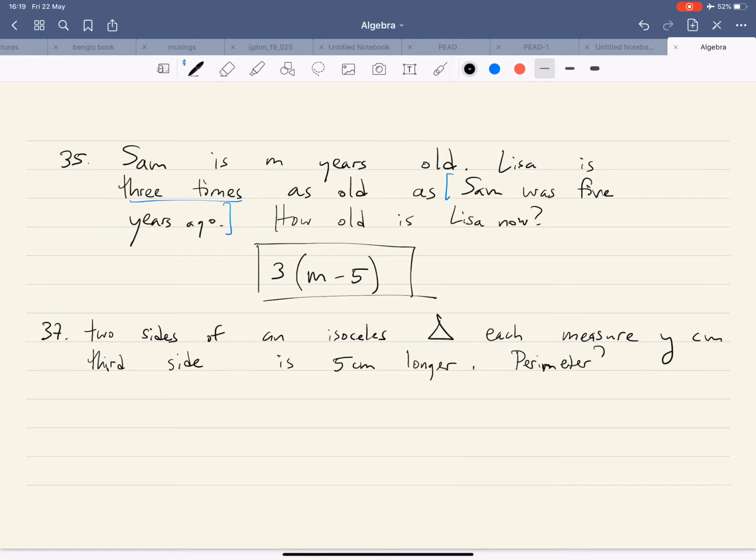the perimeter in terms of these variables, which really we just have the one variable, right? We've got our isosceles triangle here. And remember that an isosceles triangle is defined by 2 sides that are the same length. So in this case, they're both y and y. And this third side is going to be y plus 5.